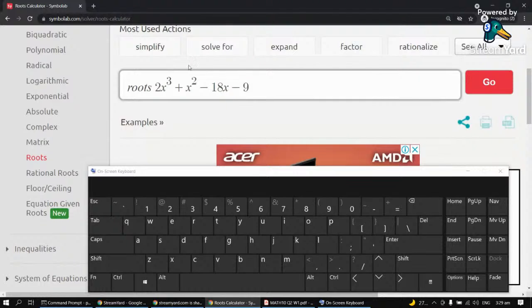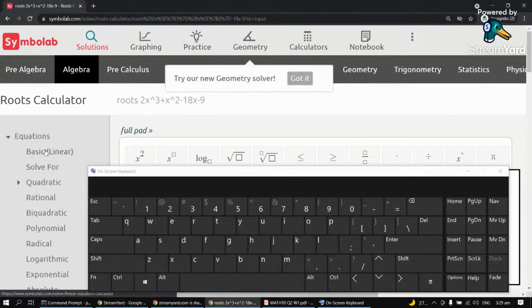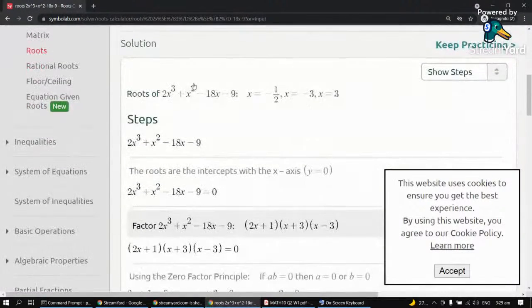And kapag tapos na yung equation, malapit na siya dun sa format na pinag-aaralan natin, click natin ang go para hanapin niya na yung roots. So kung bababa tayo dito, makikita natin na may ibang klaseng root ang makikita natin.